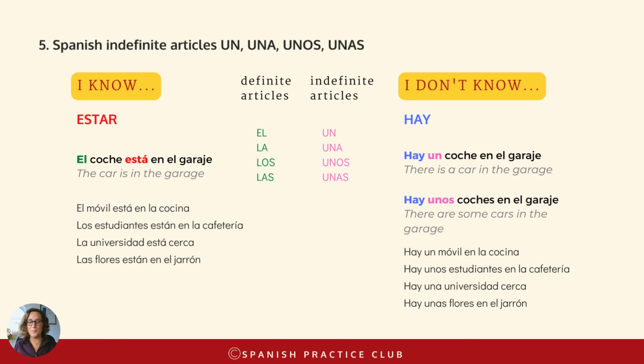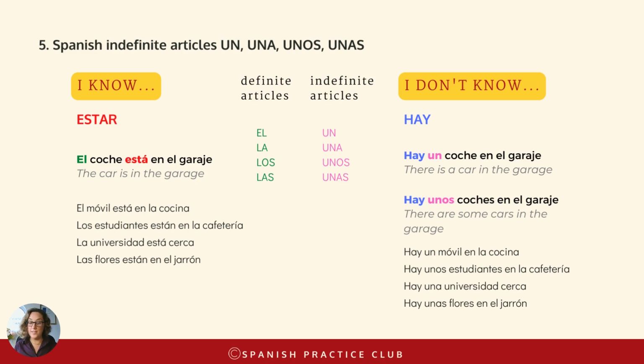All that needs to come together like we've learned in previous lessons. Los estudiantes están en la cafetería. Hay unos estudiantes en la cafetería. La universidad está cerca. Hay una universidad cerca. Las flores están en el jarrón.